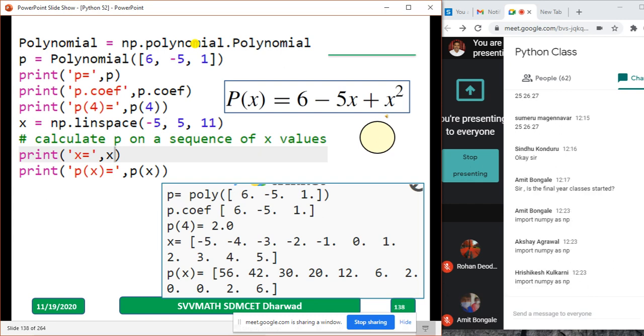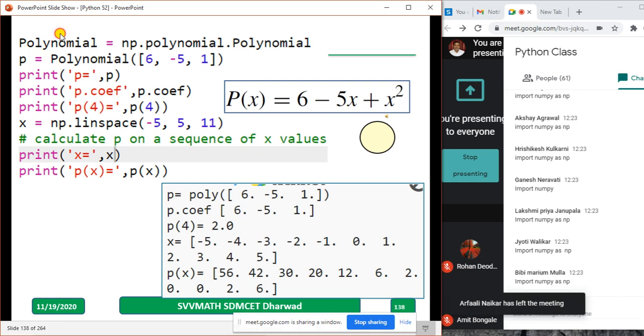Amit is typing. Please remember, don't say sir you didn't type. By default, all of you know many programs are executed. While cropping I might have removed that because all of you will be knowing. So import numpy as np is a must. Then you have to write polynomial equal to np.polynomial.polynomial. Then you can make use of p equal to polynomial, and give these numbers 6, minus 5, 1.